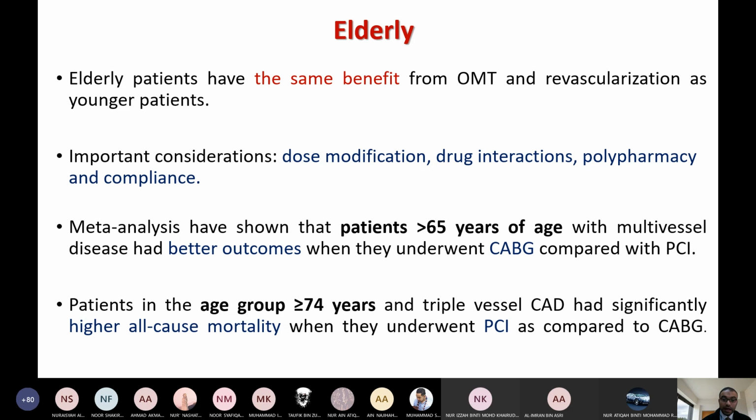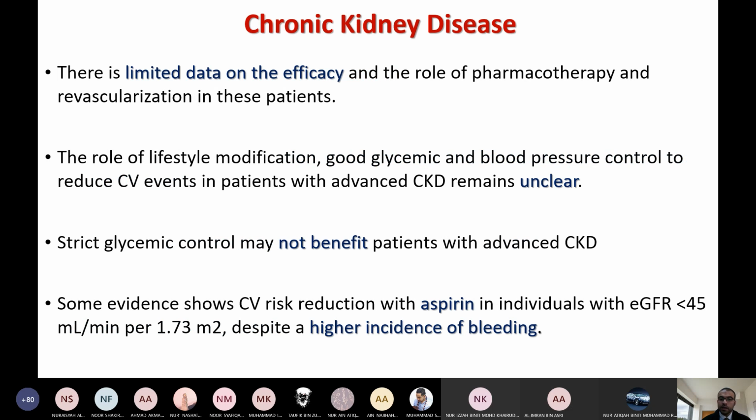And relatively older patients, maybe more than 75 years, will have significantly higher mortality if they go for a procedure like PCI compared to CABG.